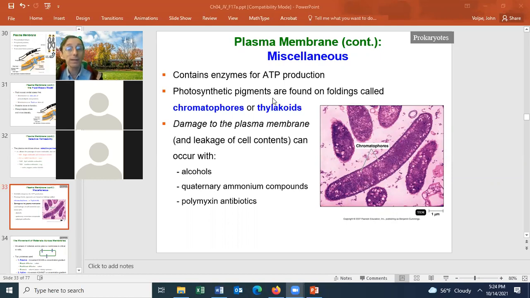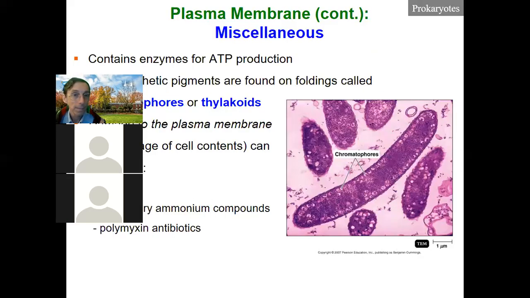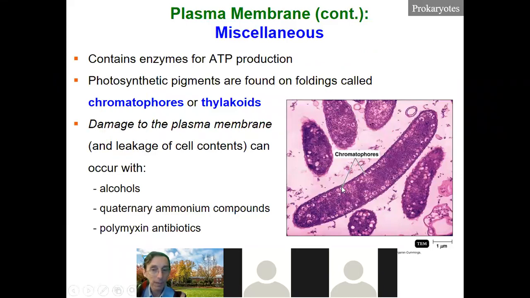If the bacteria is photosynthetic, it will have the photosynthetic pigments in the plasma membrane in pockets of the plasma membrane. You can also call them foldings.